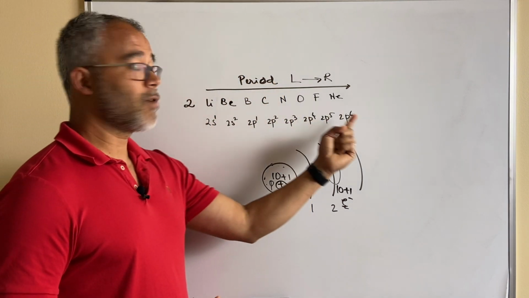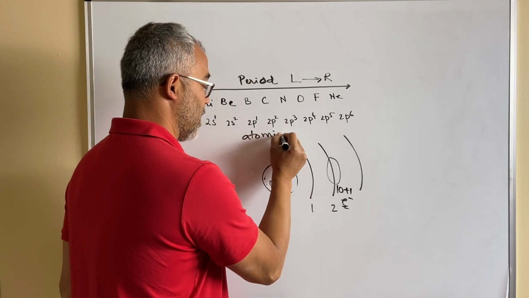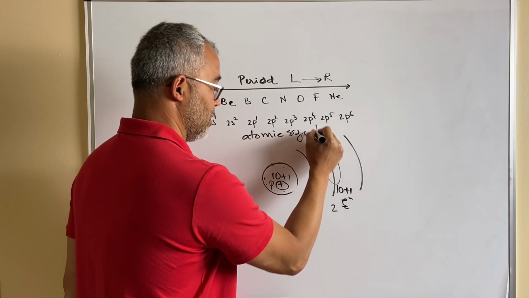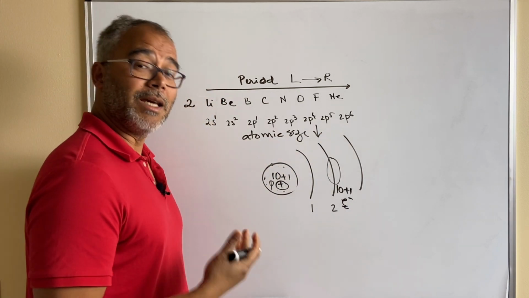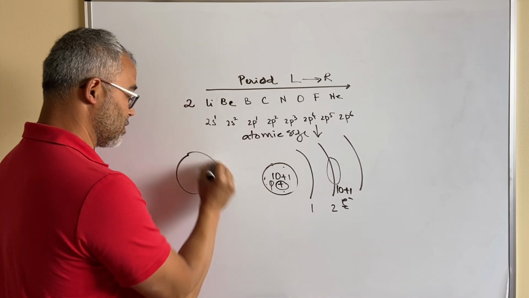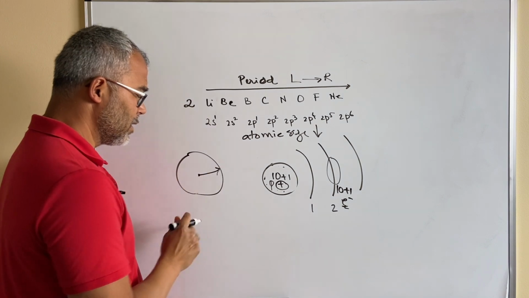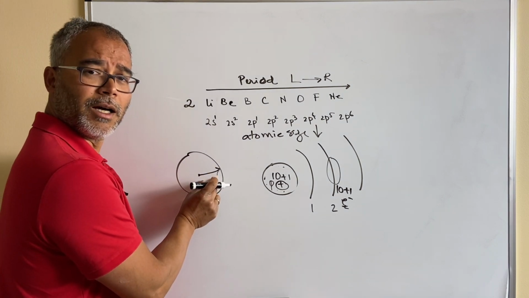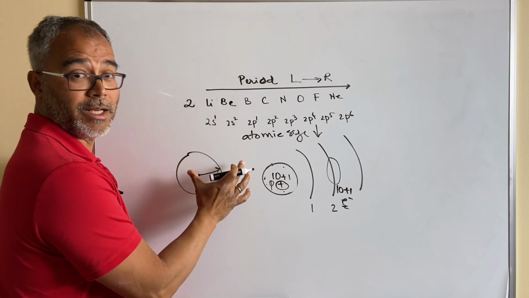So as you go from left to right across a period, what happens to atomic size? It decreases. Atomic radius also decreases, because if you think of the atom as a sphere, the radius follows the same trend as the size. If the size increases, the radius increases.